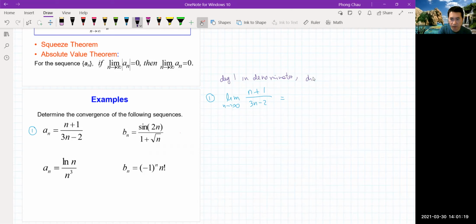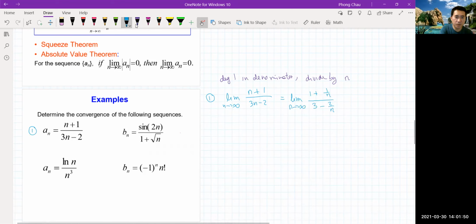So we divide by n to the first power, degree 1. If you divide the top and bottom by n, then this becomes the limit of n divided by n, which is 1, plus 1 divided by n, over 3n divided by n, which is 3, minus 2 divided by n.